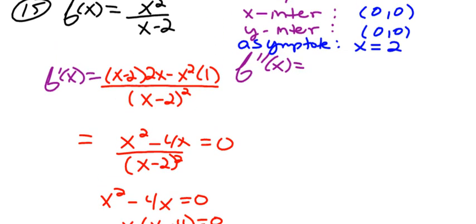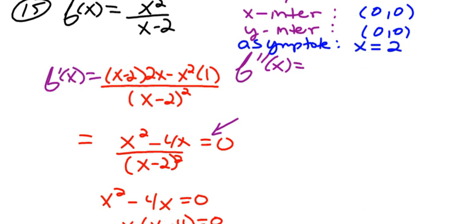Now, the second derivative is going to be quite involved and it's going to be really tight in this space. So I'm going to take this expression here to use for my second derivative.